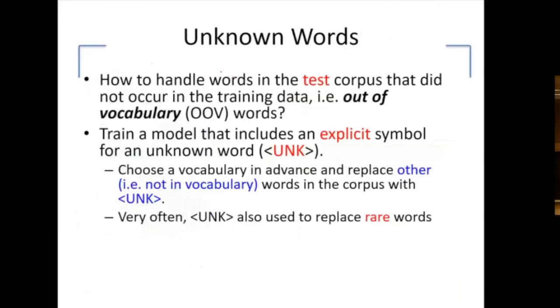This is a very classic problem called the out-of-vocabulary problem. People use a strategy called unknown: I add an unknown token to my dictionary. Whatever is rare, whatever is unknown, I will assign the unknown token to it.